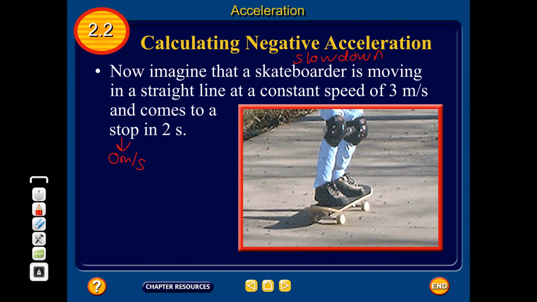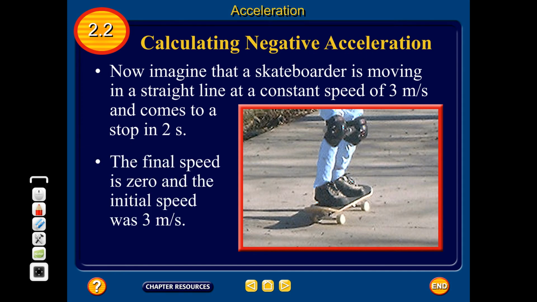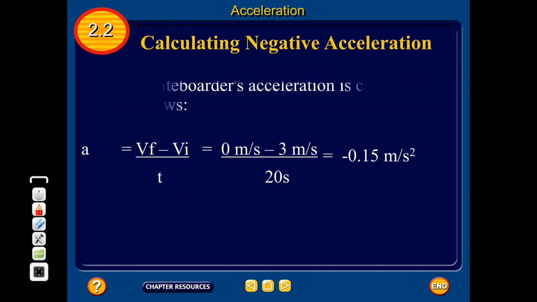All right? So what am I going to do? This is my final velocity. Here's my time. Here's my initial velocity. Final speed, there you go, 0. Initial speed is 3. We would do 0 minus 3 divided by 2, which comes out to negative 1.5 meters per second squared.